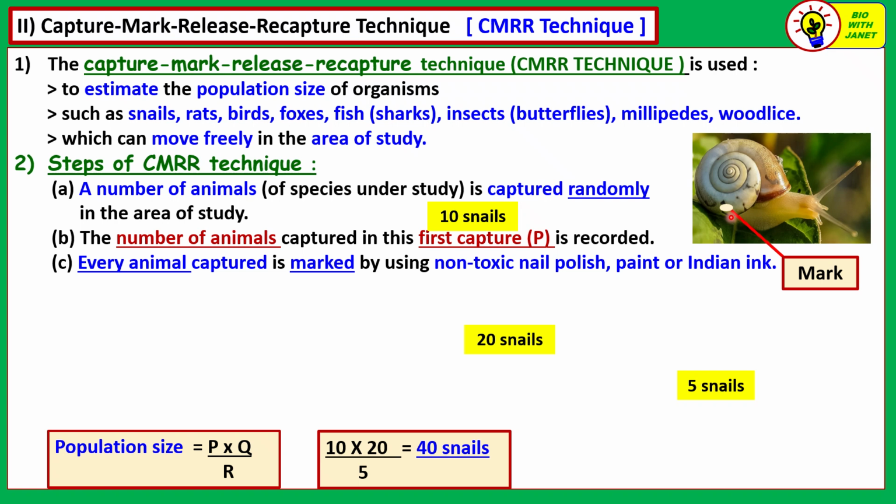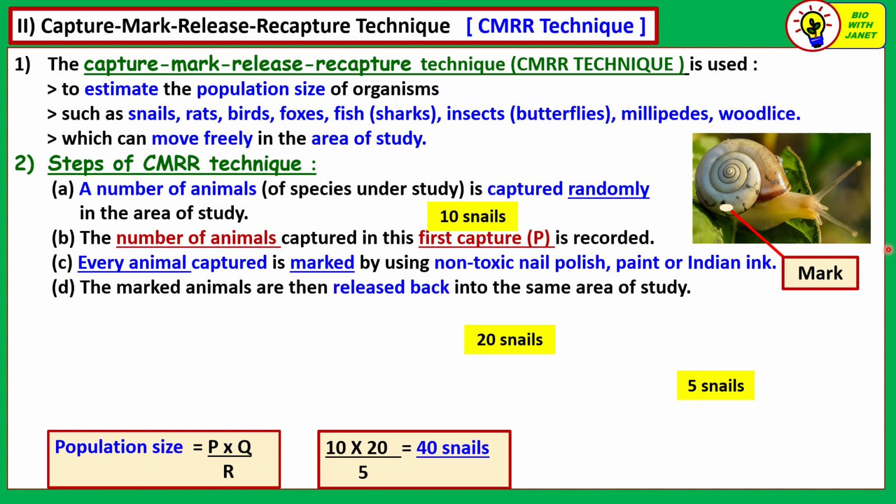Also, the third characteristic is that the mark must not make the individual more obvious to predators, in case the predators will choose to eat the marked animals or individuals. Okay, so these are some characteristics of the mark or the substance used to mark the snail.